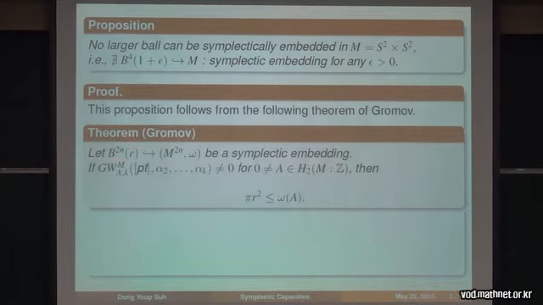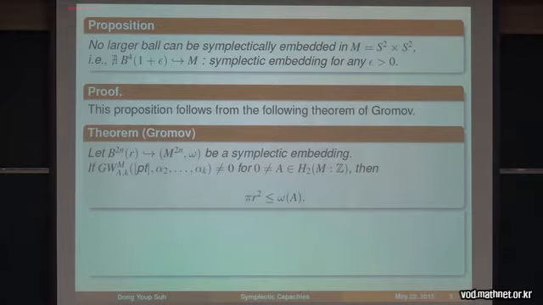Then, if a certain Gromov-Witten invariant is not equal to 0 for some A, then pi r squared is less than or equal to omega of A. I will explain what the Gromov-Witten invariant is later. Here omega is a two form, and A is a two-dimensional homology class, so you can evaluate this cohomology class on the homology class, and this is a real number.